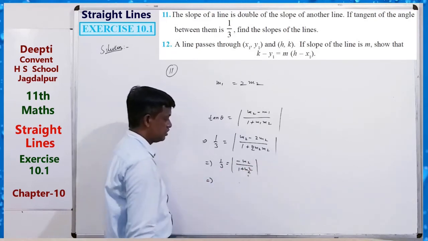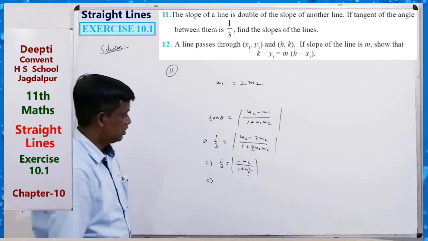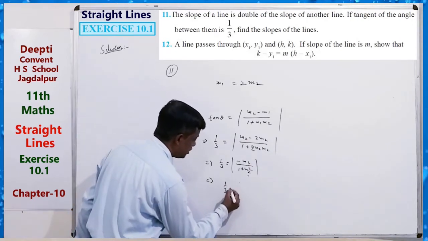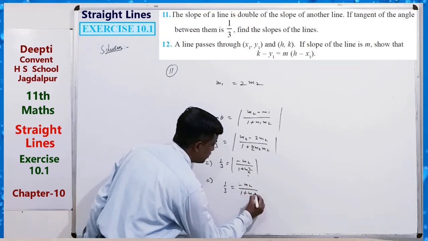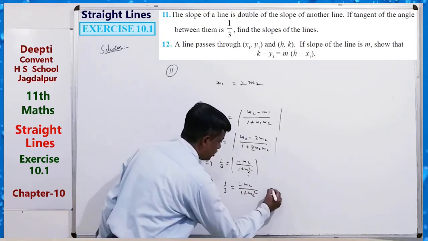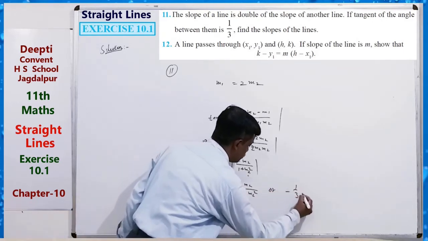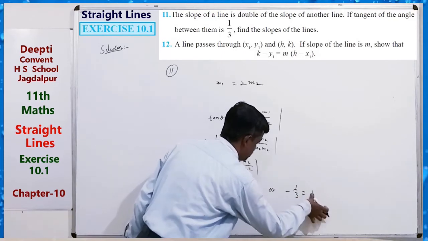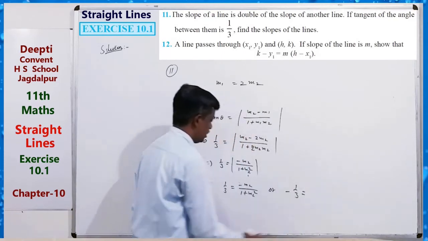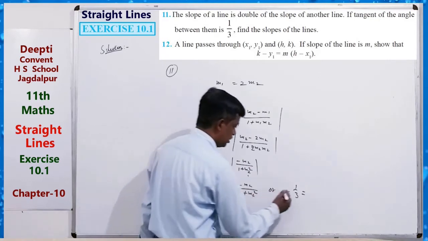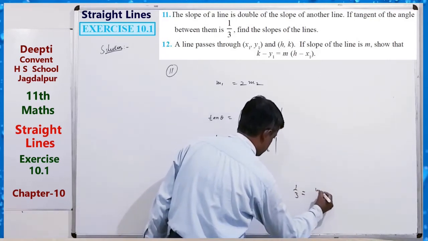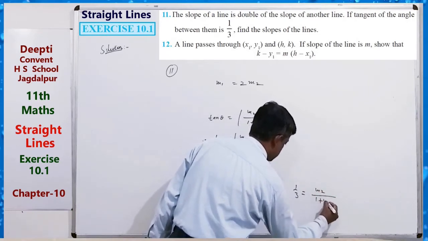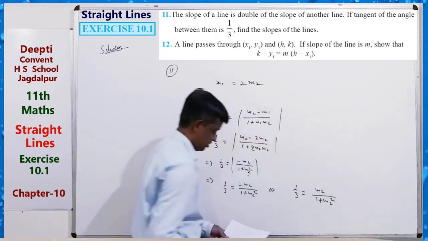So we get 1 by 3 equals minus m2 upon 1 plus m2 square, or minus 1 by 3 equals that. One time you take it directly and one time with the minus sign, so 1 by 3 equals m2 upon 1 plus m2 square.